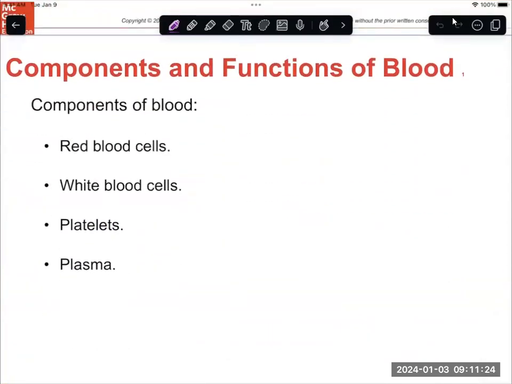Blood is the only liquid connective tissue we have in the body. A person has an average of about 10 pints of blood.